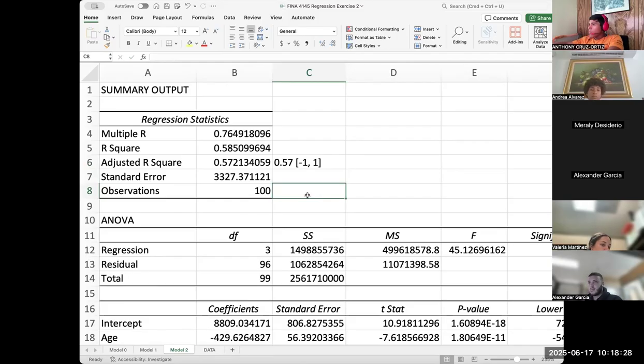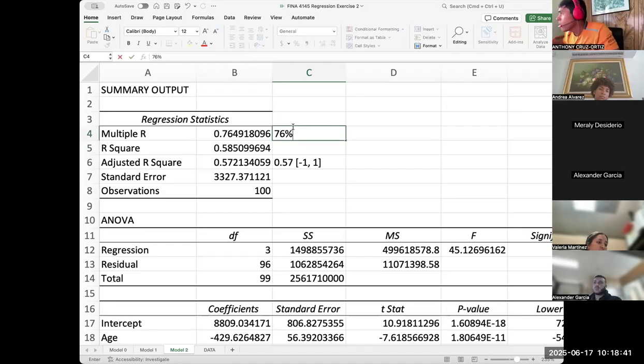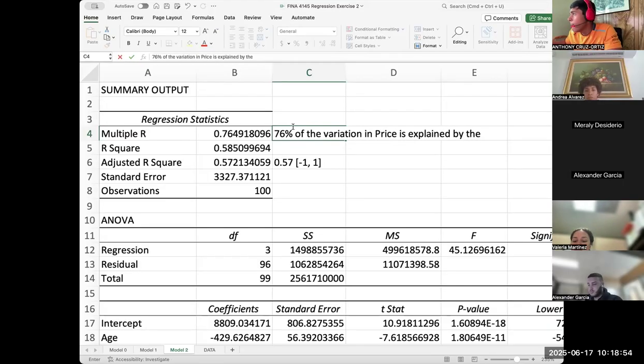Well, I guess we can't interpret because we have three variables now, right? R is good. And R square says 76% in price is explained by the three variables. So that's not bad at all.